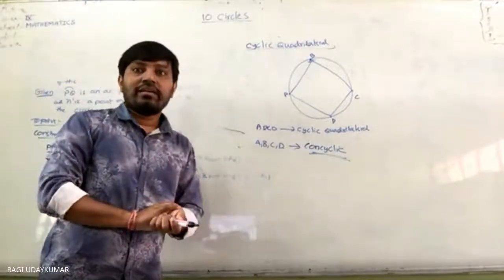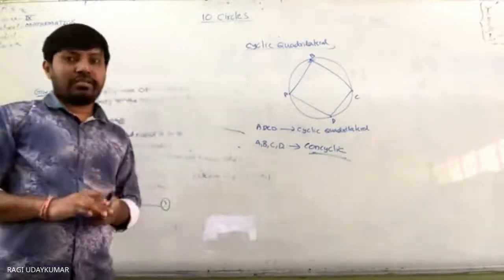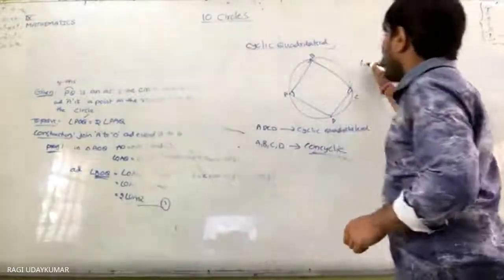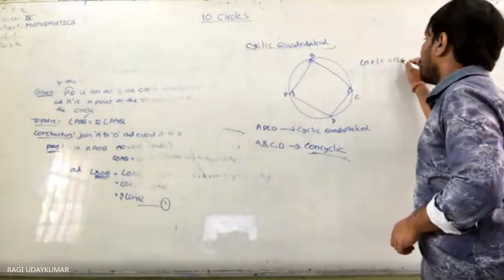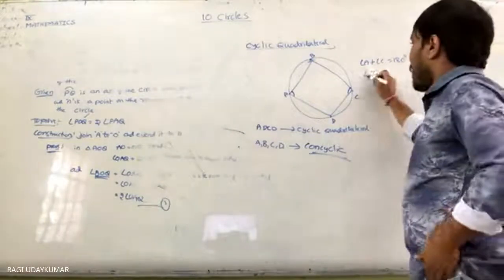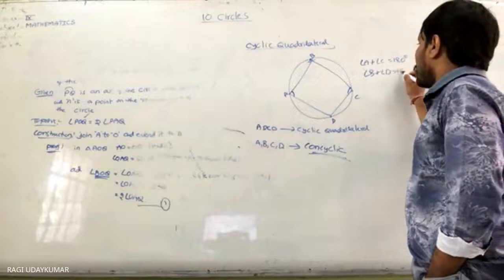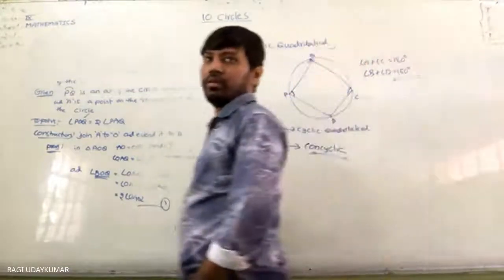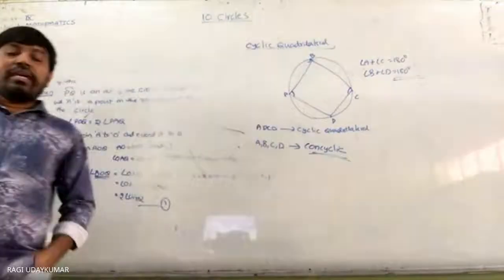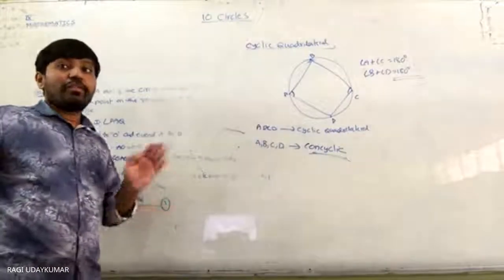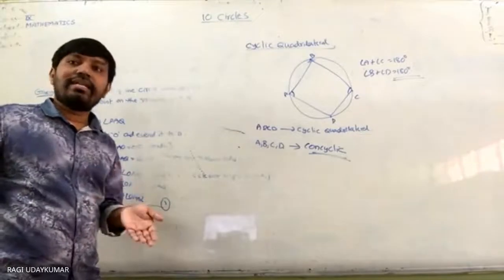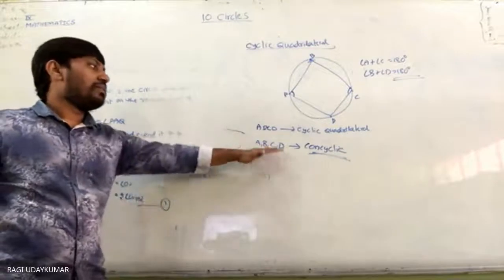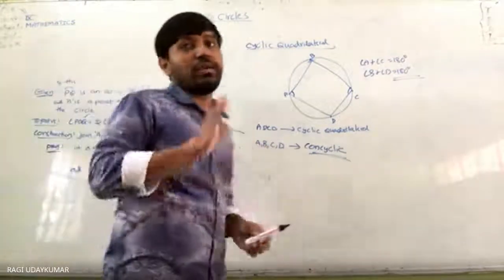Sum of either pair of the opposite angles, angle A plus angle C will be equal to 180 degrees, and angle B plus angle D is also equal to 180 degrees. If in any quadrilateral the sum of the opposite angles is 180 degrees, then that quadrilateral is called a cyclic quadrilateral. So this is the main theorem in a cyclic quadrilateral.